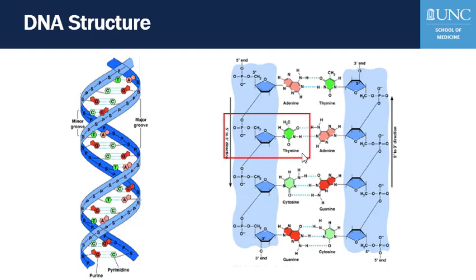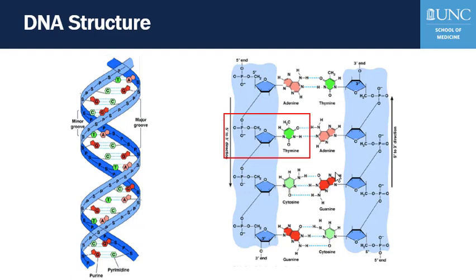And so DNA is made up of 4 types of nucleotides. There's thymine, adenine, cytosine, and guanine.